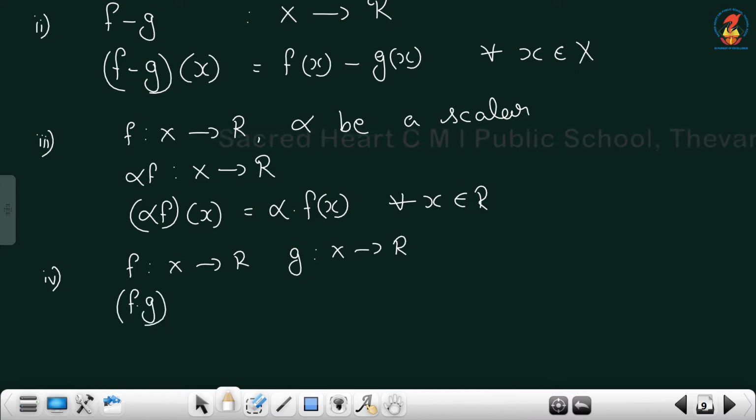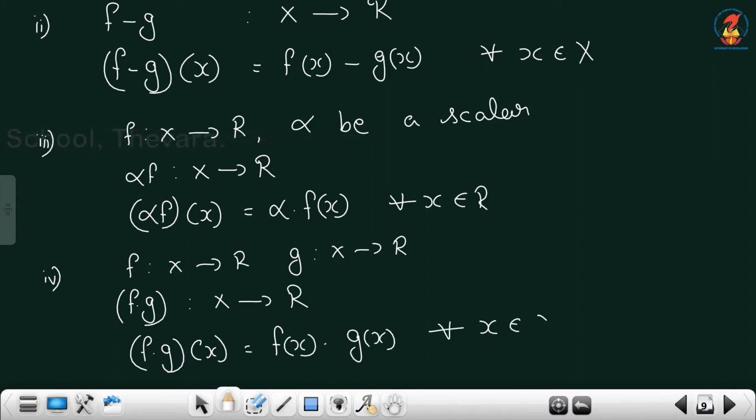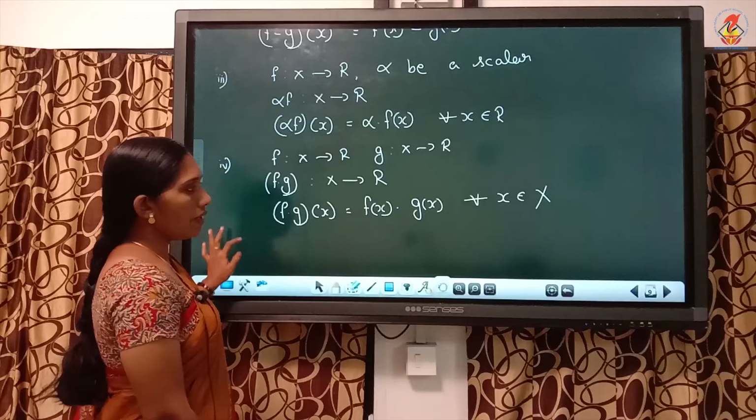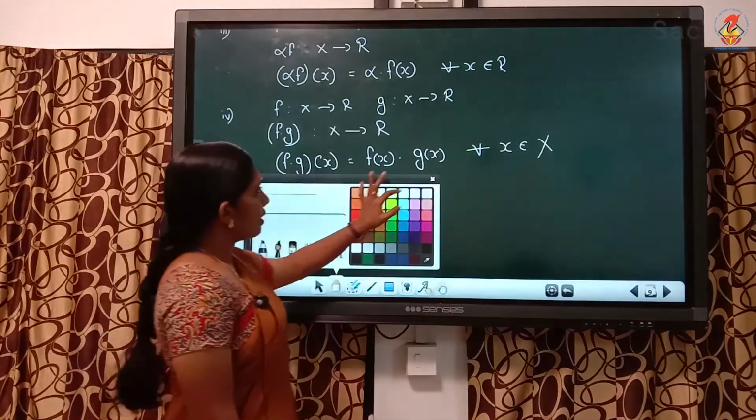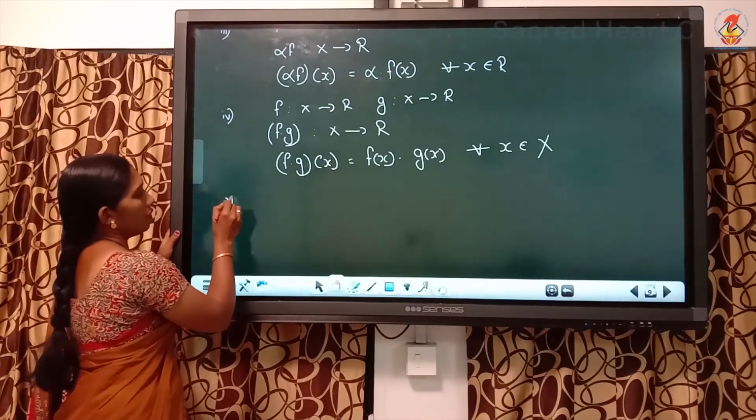Okay, f into g is also from X to R, defined as (f into g)(x) is equal to f(x) into g(x) for every x belongs to capital X. This is the definition of the product, multiplication of two real functions. After this we can do an example, so it will be clear for you.